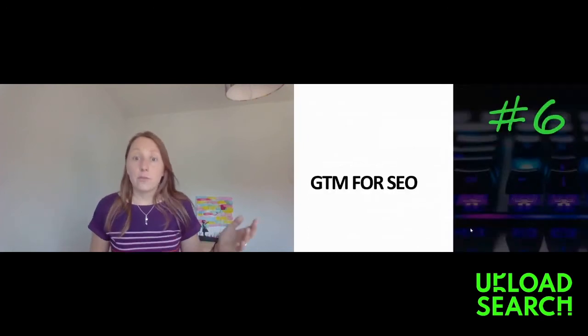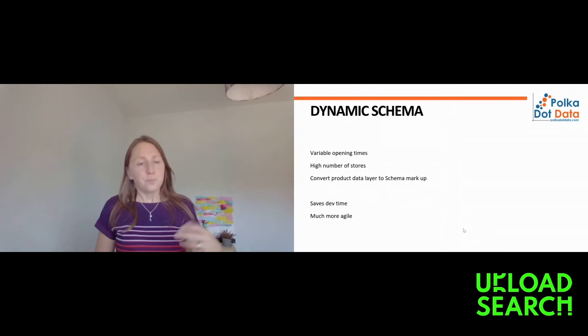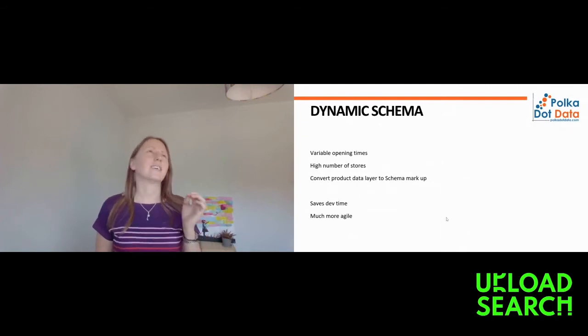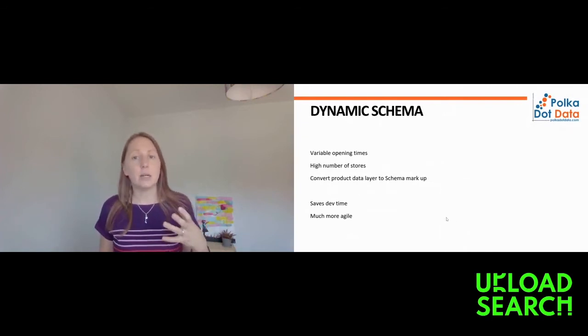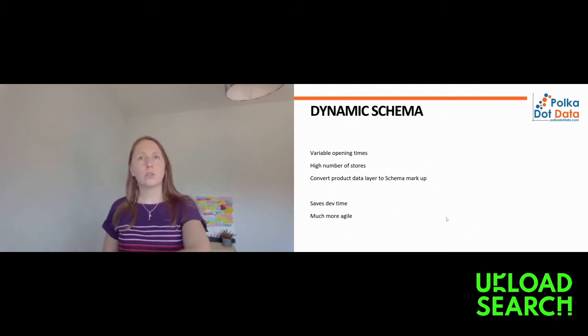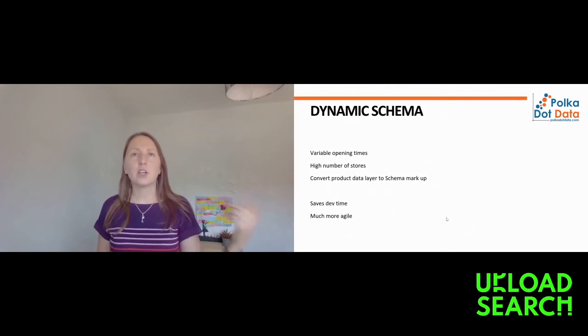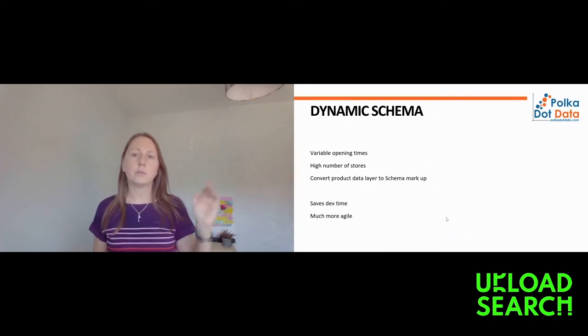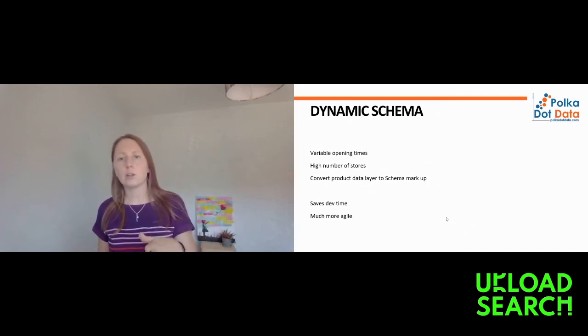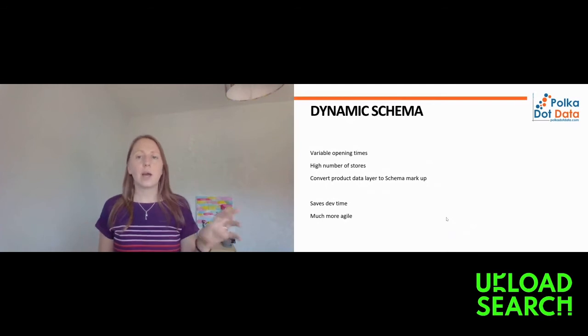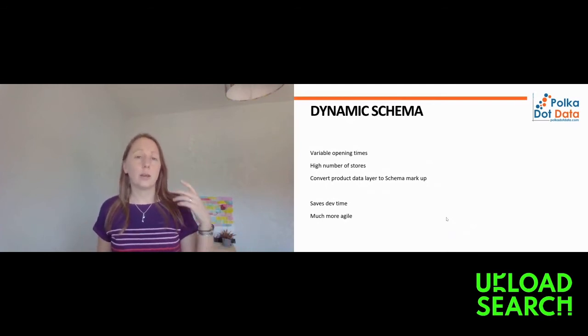Okay, it's a search conference, so we've got to include something for search. So one of the things I love doing is dynamic schema. What you can do is you can take a huge spreadsheet of opening times with half-term dates, Easter holiday times. You've got a huge list of all your different stores that might have different opening times at each of these different things, different bank holiday opening times, and you can build that in a way that you can import into Google Tag Manager, and you can then build your dynamic schema from that.